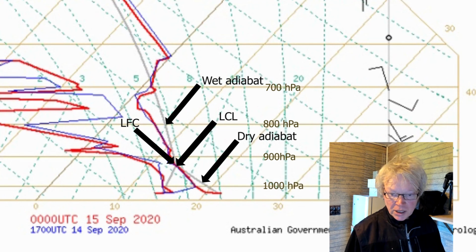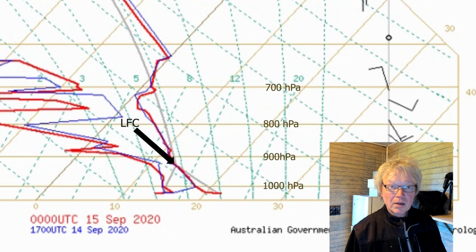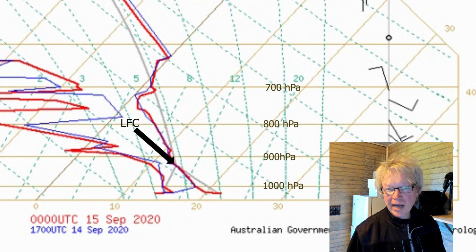So as that air parcel rises, it reaches its level of free convection and its lifting condensation level at approximately the same elevation. So that air parcel is now free to rise and form a cloud, until, looking closely at that diagram, you'll see that the temperature of the surrounding atmosphere intersects again with the temperature of the air parcel as shown by the wet adiabat.